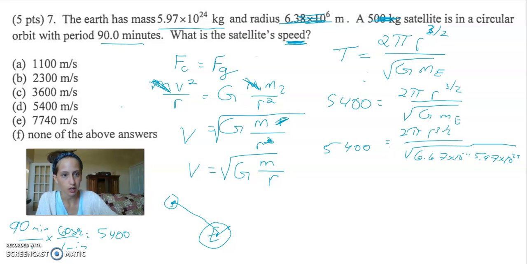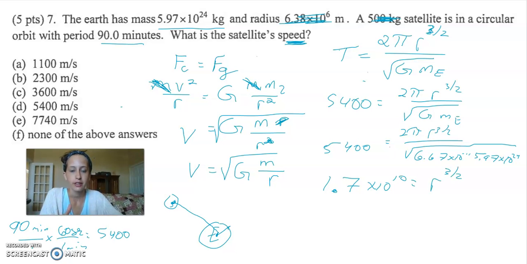Okay, so then we get down to this nonsense. We get 1.7 times 10 to the 10th equals r to the 3 halves. Okay, I had to Google this too, because what is r to the 3 halves? The 3 is the cube, so r to the 3rd stays r to the 3rd.